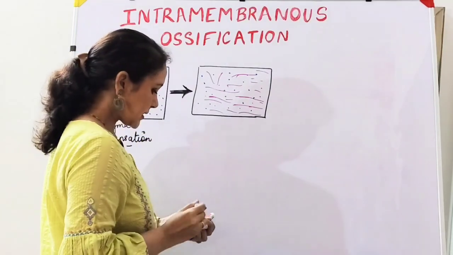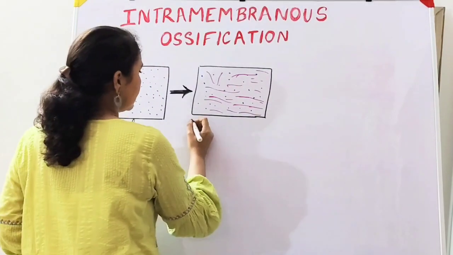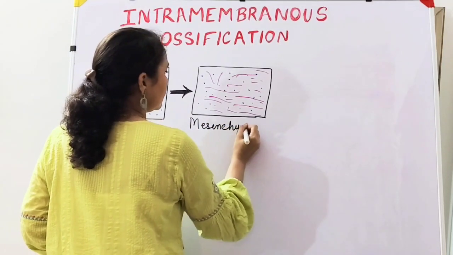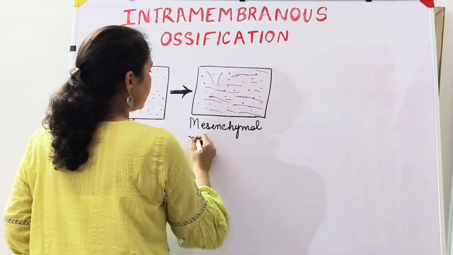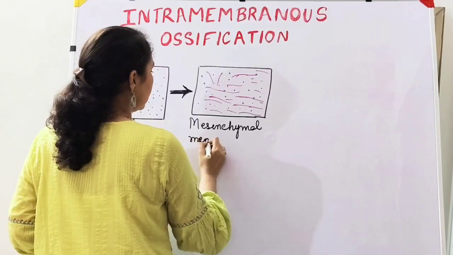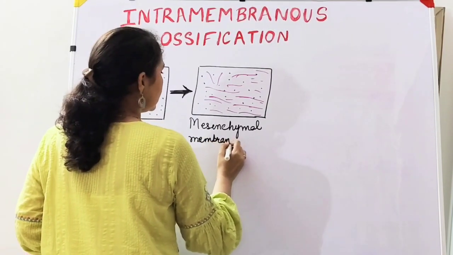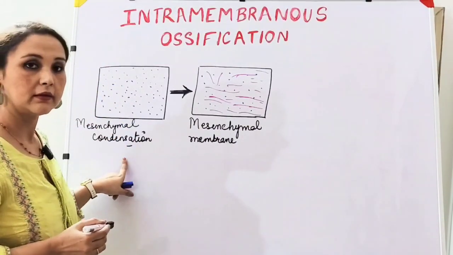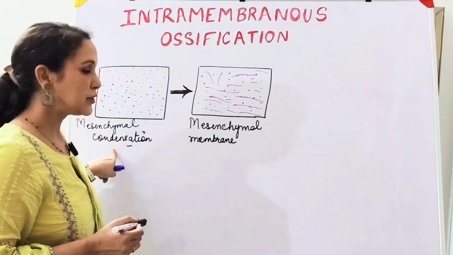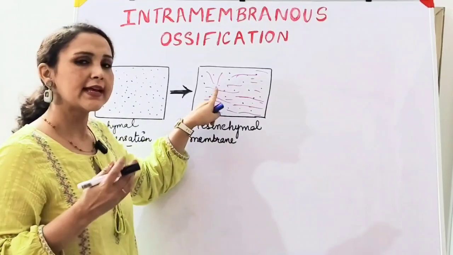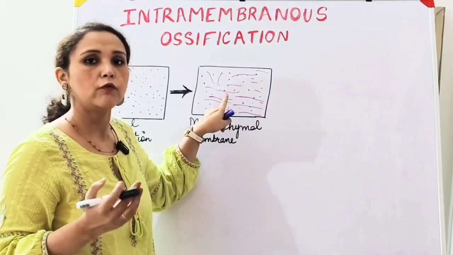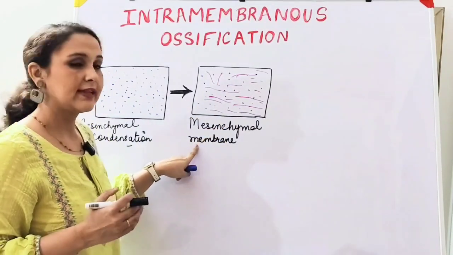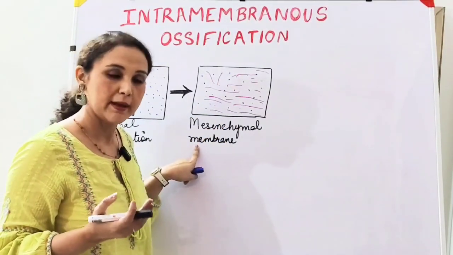The structure formed is the mesenchymal membrane. So the first step is the mesenchymal cells gathering together, that is the mesenchymal condensation. In the next step, a few cells have differentiated into fibroblasts and formed the collagen fibers. This has led to the formation of a mesenchymal membrane.